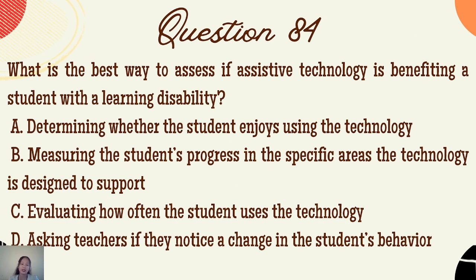For option A, enjoyment. A student may enjoy using it but not necessarily improve academically. For option C, the frequency of use, or how often it is being used. Using the tool often doesn't mean it's effective.